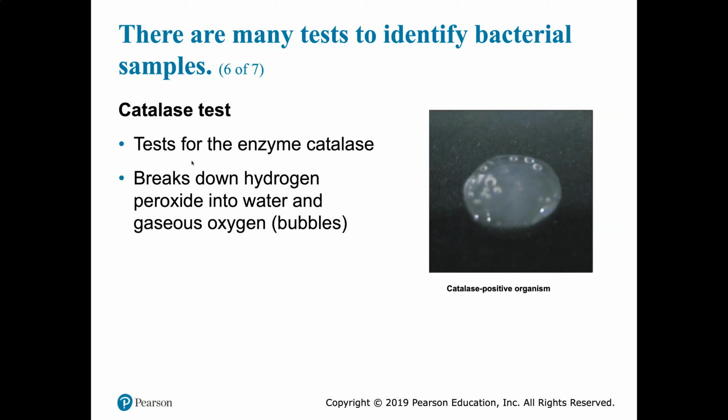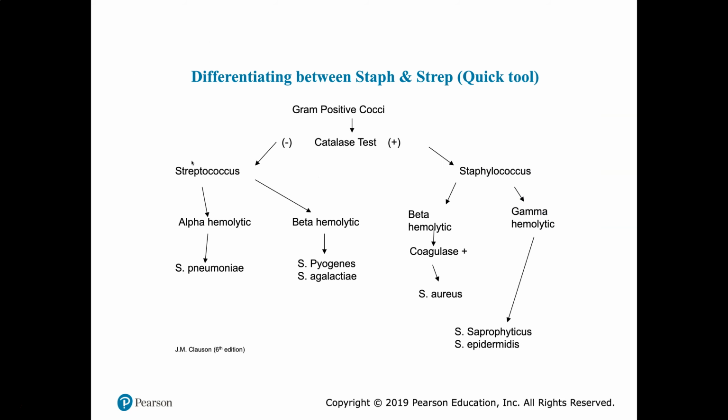So you can actually get rid of a whole bunch of organisms right off the bat. And then on top of that, using the catalase test, we can narrow it down even further.